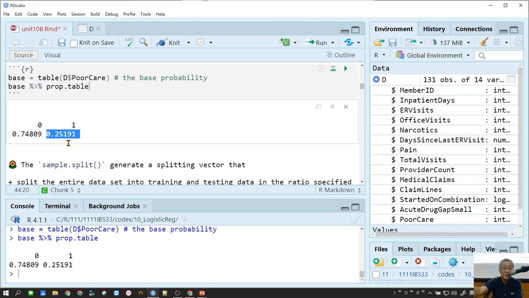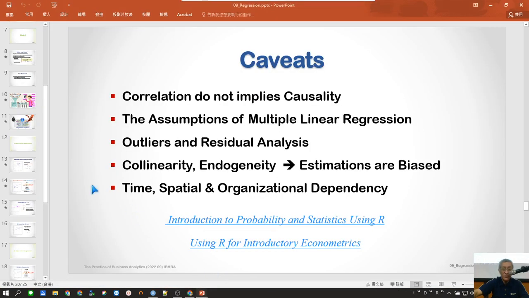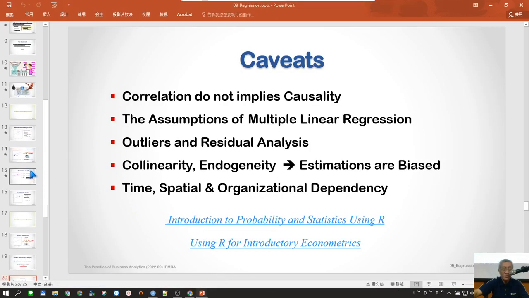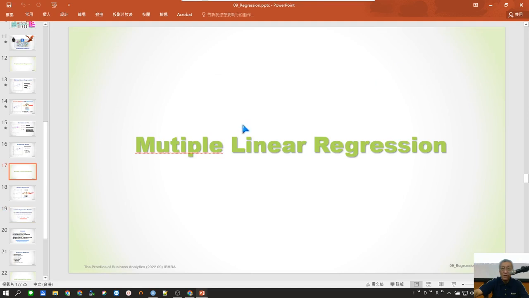With the model, I want to evaluate the probability of poor care for every individual patient. Let me see if I have a slide for this one. Okay, let's take care of it later.